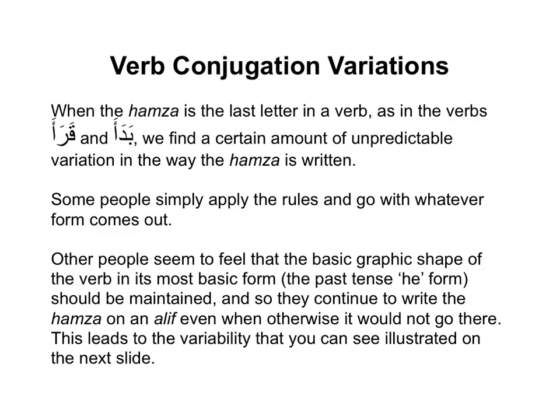And some people do that, and so you'll often see them written correctly with the rules applied. However, other people feel that the basic graphic shape of the verb in its most basic form, the he past tense form, bada'a and qara'a, should be maintained whenever they can, because that makes them recognize the verb better. And so they write the hamza on the aleph even when the rules say it shouldn't go there. And this leads to variability that you can see illustrated in the next slide.